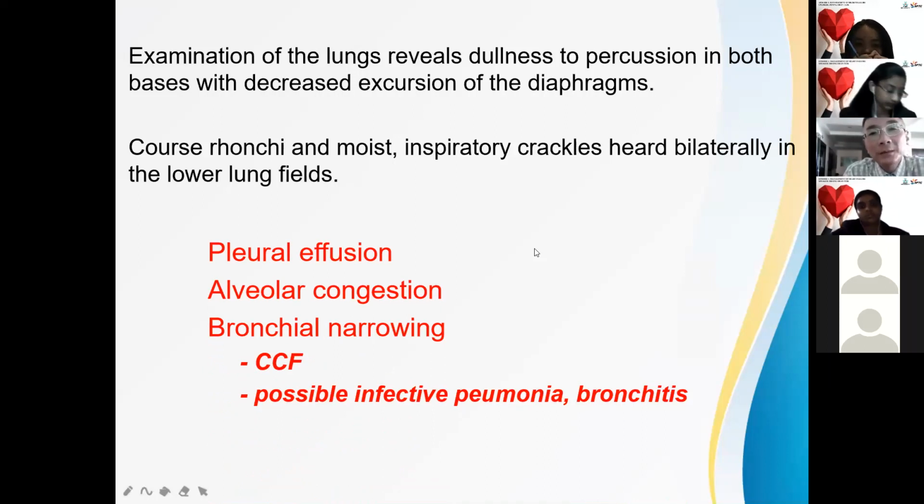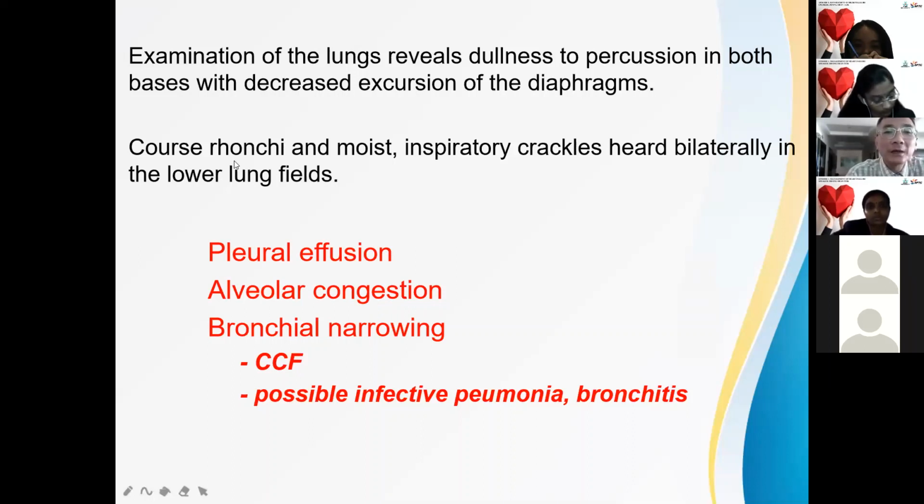Then when you hear moist inspiratory crackles, what are these? These are crepitations, and crepitation means the alveoli have water. When air goes through water, you get a bubbling sound. This is what crepitations are. So there's alveolar water or alveolar congestion.